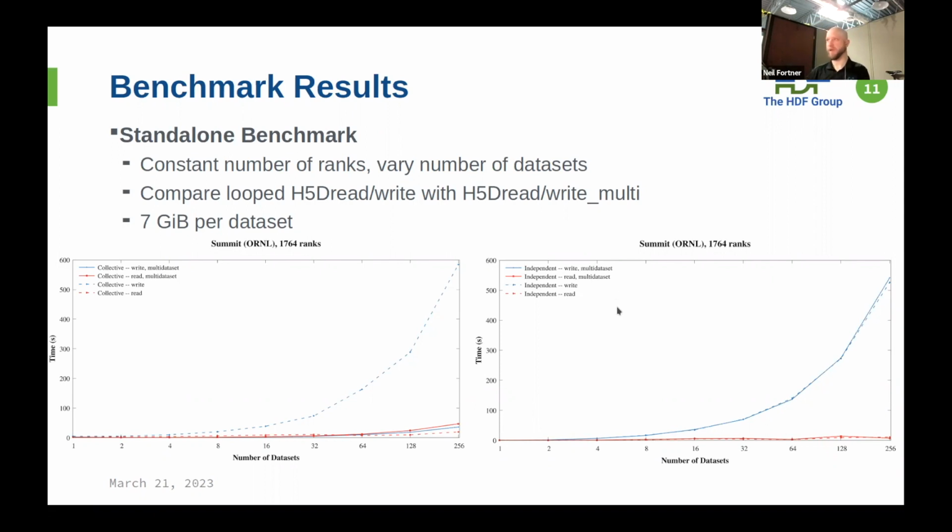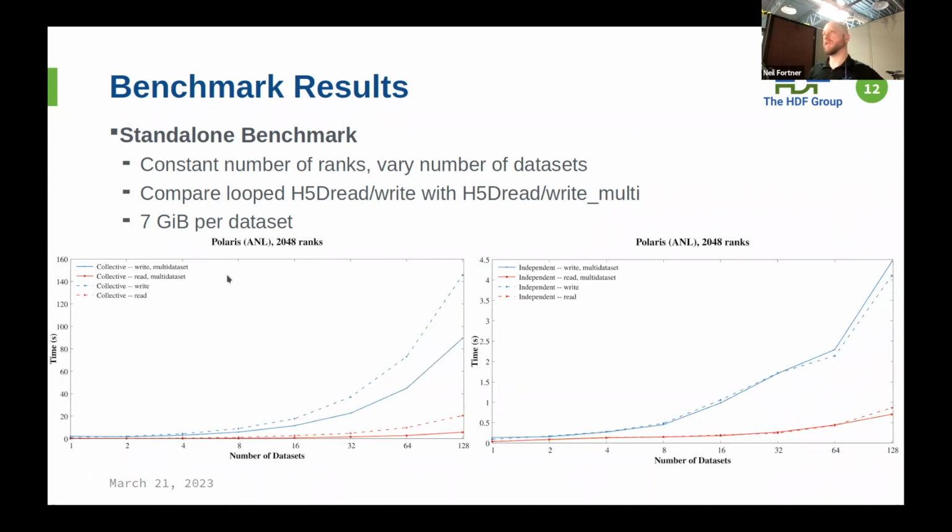So it doesn't matter whether you're doing multi-dataset or single dataset, because it all goes down to the same MPI operations at the bottom. But it does help to show that the multi-dataset code path isn't giving us any huge overhead.